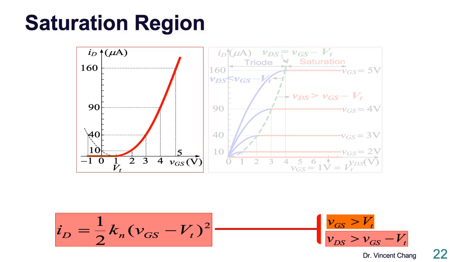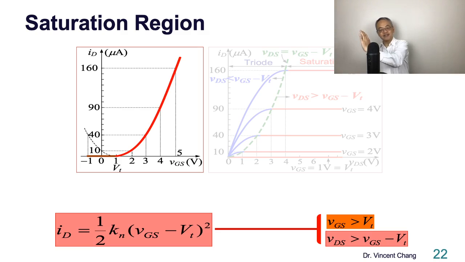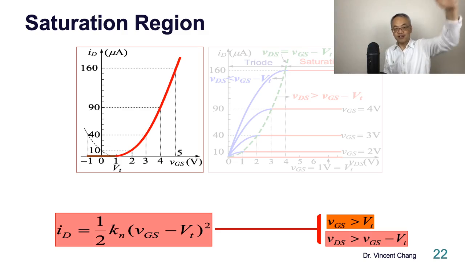VGS on the right is 1, 2, 3, 4, 5, and on the left it is also 1, 2, 3, 4, 5.